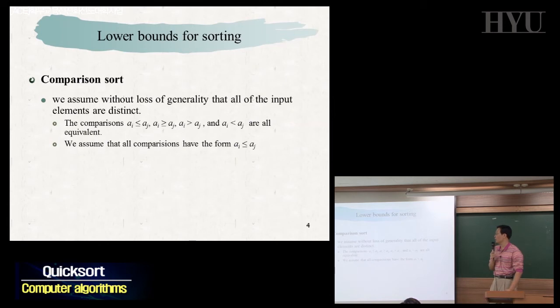Let me show you. Actually, I have to show it is true for every comparison operator, but I will show you it is true only for less than or equal to. Then showing the same thing with other operators is similar.